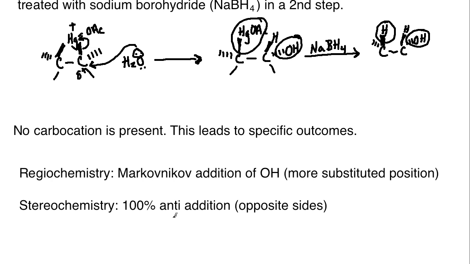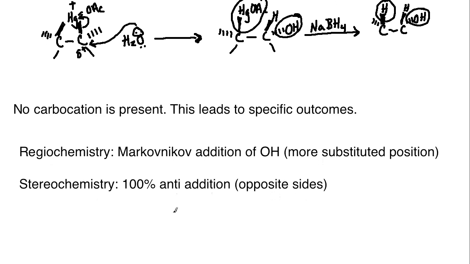Okay, so no carbocation in the mechanism means that we will get specific regiochemistry and stereochemistry outcomes, and you can see them listed here. So the regiochemistry, which again is focused on the region in which this alcohol is going to add, is Markovnikov addition of the hydroxyl group.